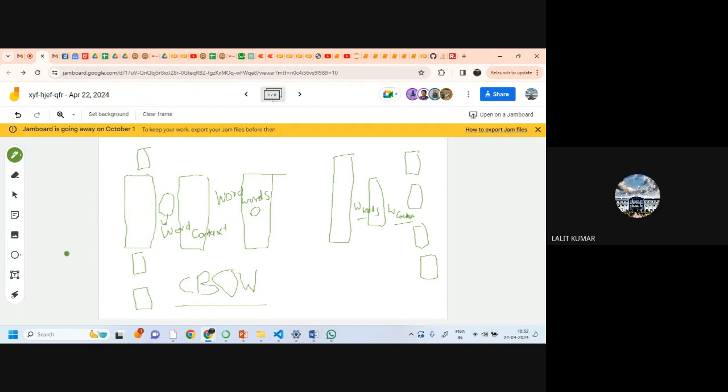Word2vec has got 2 types: skip gram and continuous bag of words. W words and W context are weights, and they will get updated for the respective words. So a particular column of W words and of W context will give the representation of the word and the context, right? Yes.